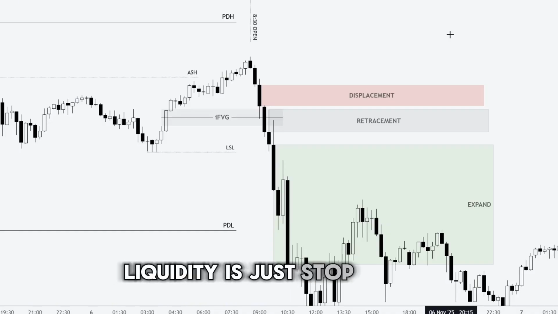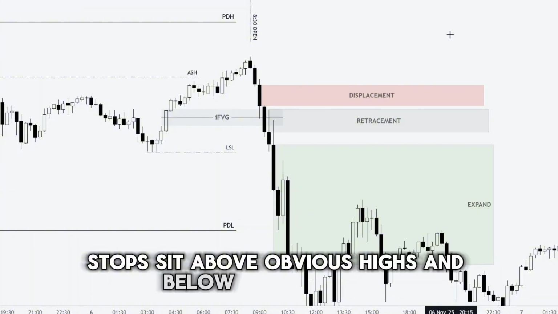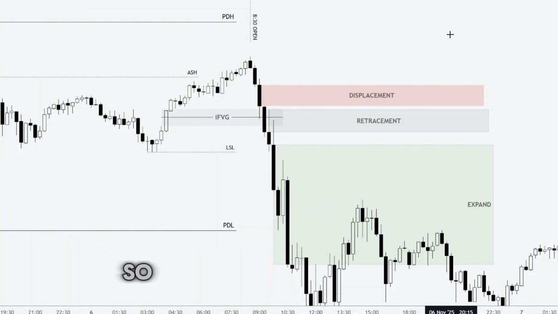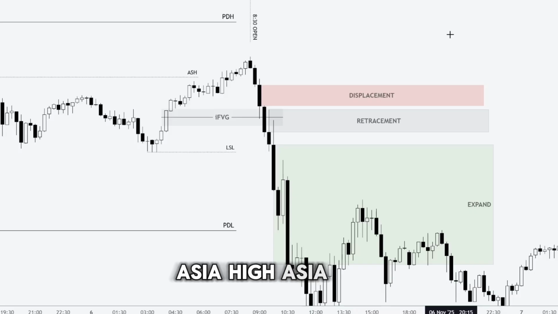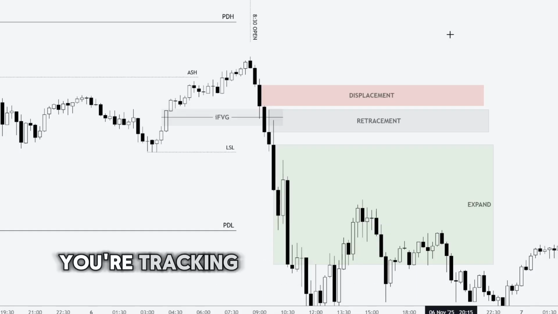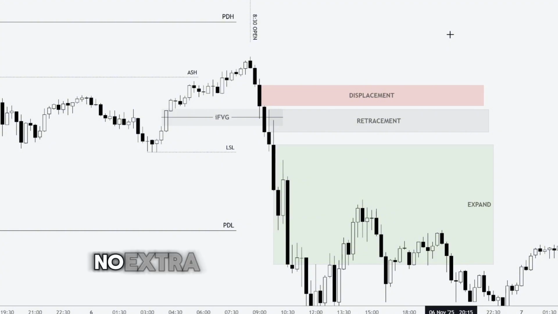Liquidity is just stop orders. Stops sit above obvious highs and below obvious lows. So here's the beginner's map. Yesterday's high, yesterday's low, Asia high, Asia low, London high, London low. During the session, you're tracking the most recent swing high and swing low. No extra lines.